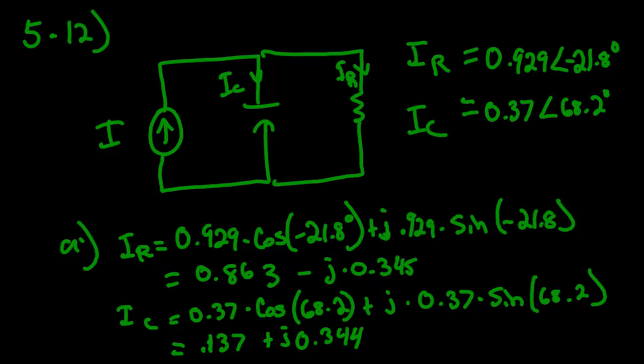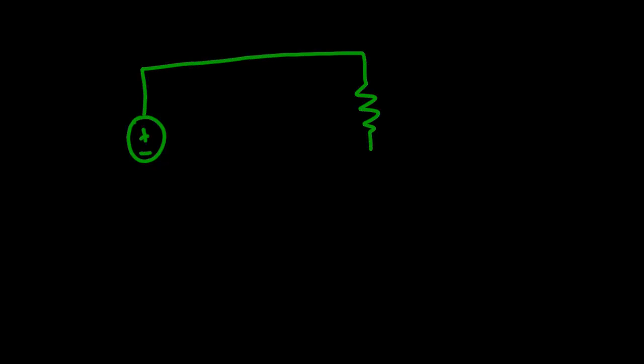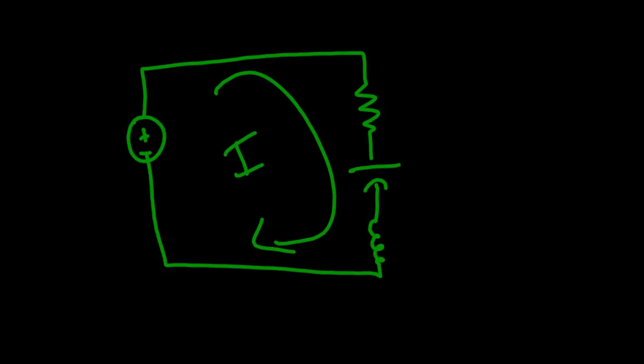There's only one current. Let's say we have a random circuit with a resistor, a capacitor and an inductor, all of these components in series. The current going through this is all the same. So this would be a voltage representation.